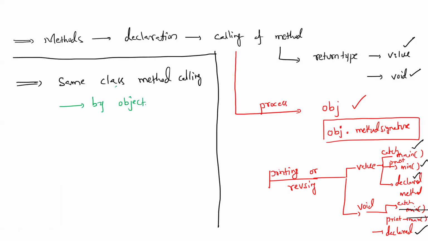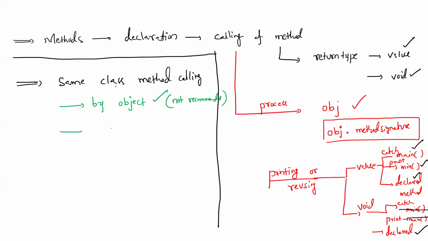Possible, but not recommended. Why? Because for the same class, if we create the object within it, it is unnecessary memory consumption. The same data will be loaded for no reason.